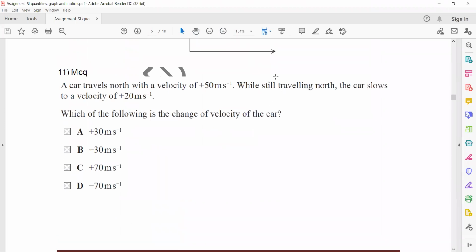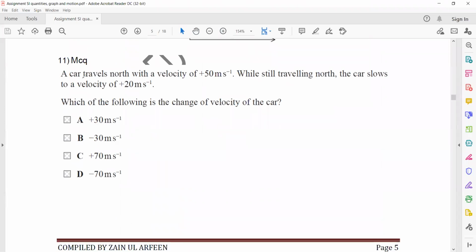In the next question, 11, a car travels north with a velocity of 50 meter per second, and while still traveling north, the car slows to a velocity of 20 meter per second. Which of the following is the change in the velocity? So it does not change the direction, it only changes the magnitude.